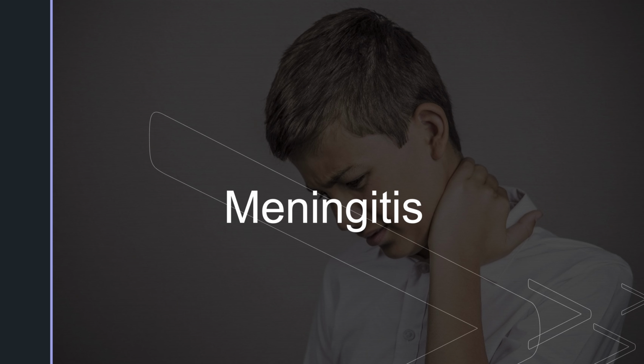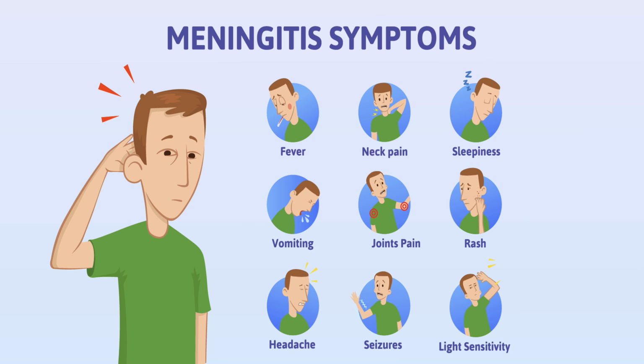Next up is meningitis. Meningitis has classic symptoms: neck pain, neck rigidity, which may go down into joint pain as well. Look for headaches, light sensitivity, any neuro effects, but that neck stiffness, that neck pain, and headache, along with fever, are classic signs of meningitis.